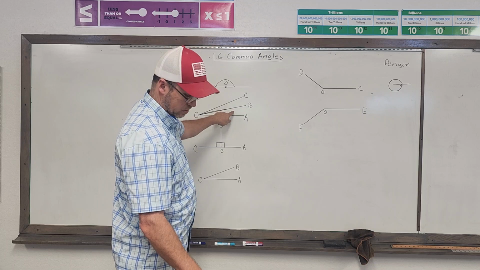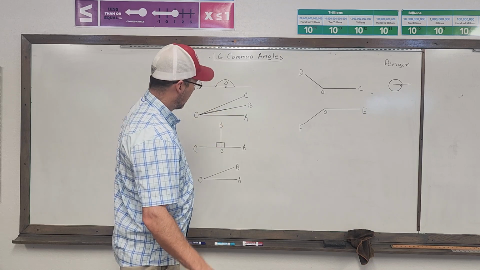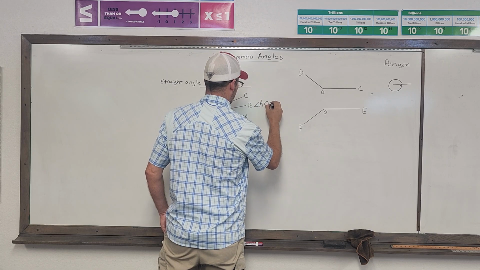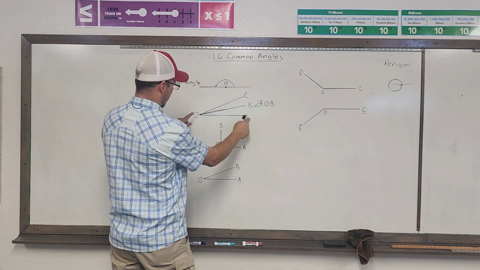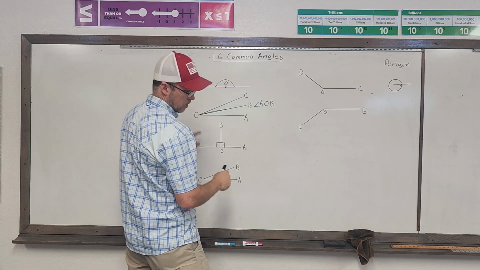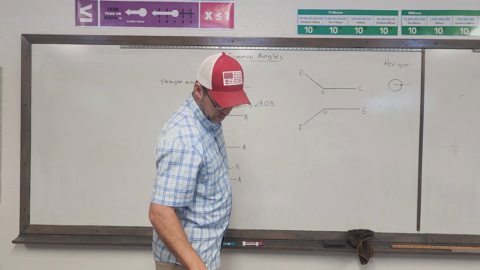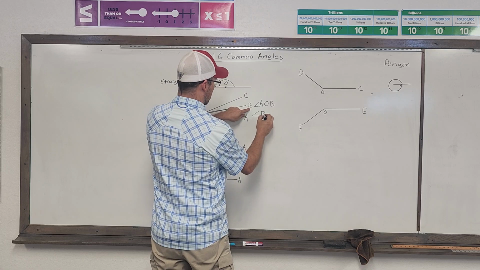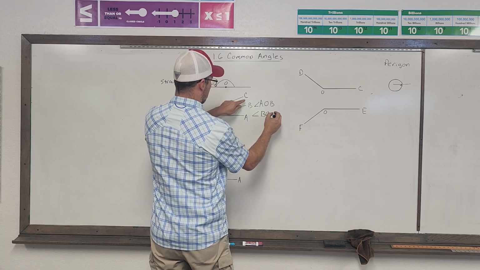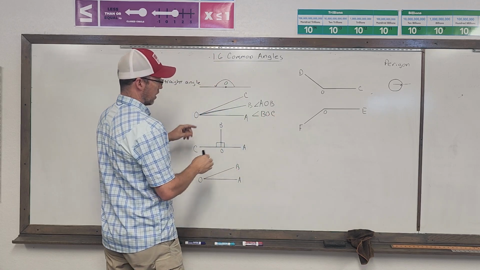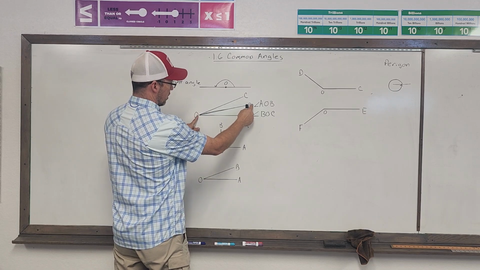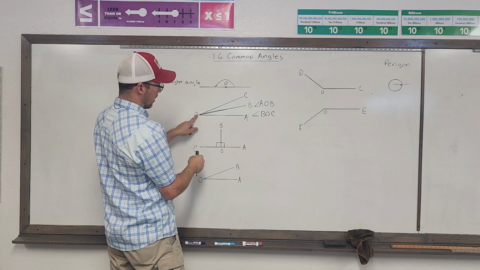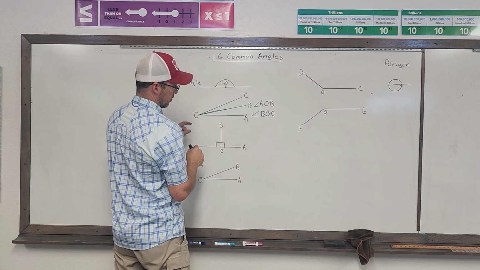So like on this example here, angle AOB, so angle from A to O to B, is adjacent to angle BOC. Alright, so angle AOB is adjacent to BOC because they share a common vertex and a common side.